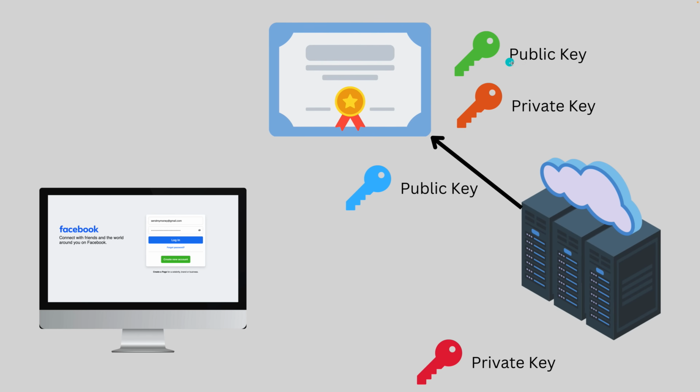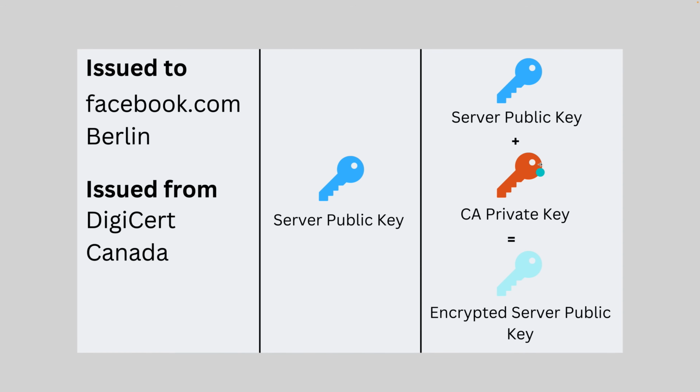And again, I can encrypt with the public key if I want to, or I can encrypt with the private key. But if I decide to encrypt with the private key, only the public key can decrypt it. So I'm going to go ahead and encrypt this server public key with this private key, and now I have this encrypted server public key.